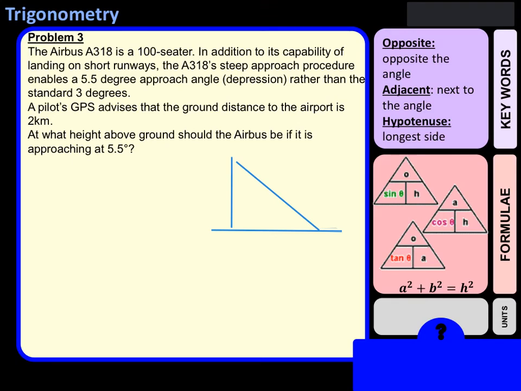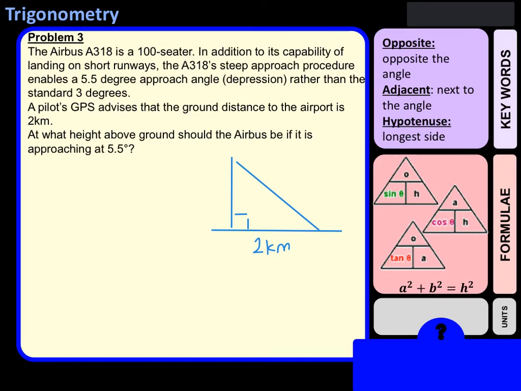We're also going to put the right angle in the corner here, and just do a little bit of labelling. So we're told that the ground distance is 2 kilometres. We're told that the angle of approach is 5.5 degrees.